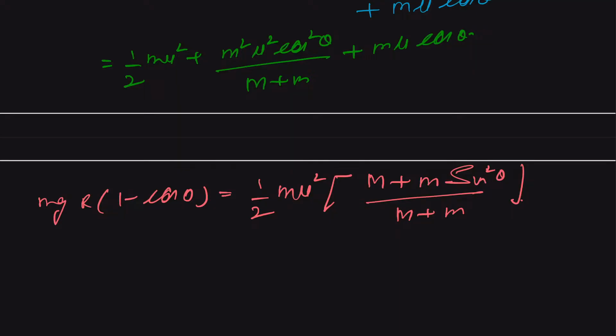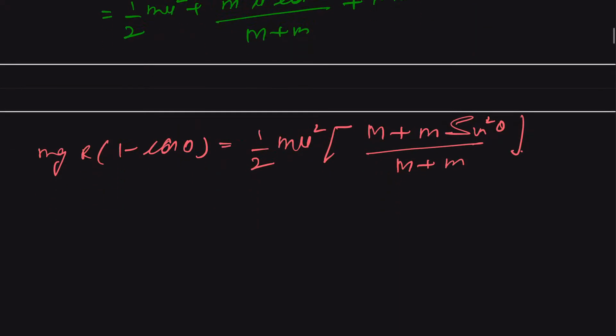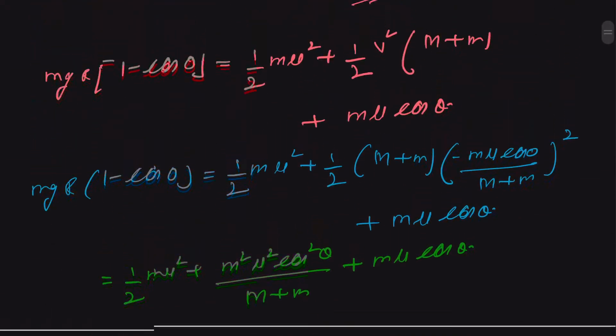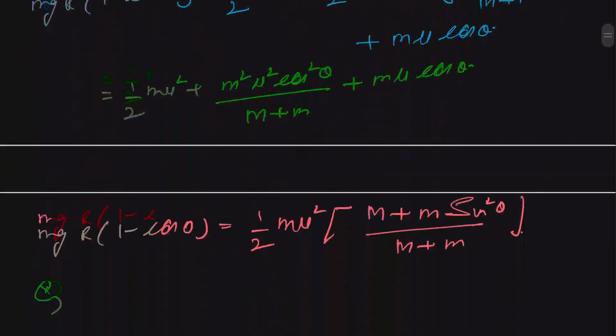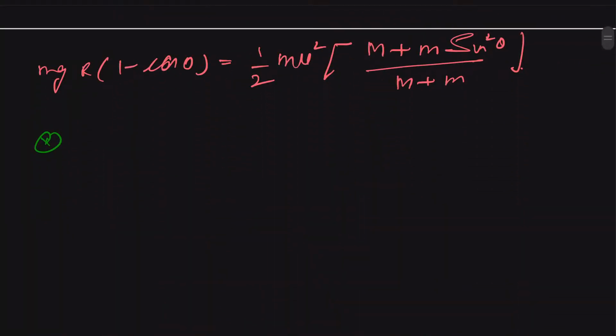So now we come to our point B. Let me draw it here again. So this is center C, point A, and this is point B, and in the downward direction we are going to have our mg. This angle is theta, so this angle will also be theta, and there will be a normal.